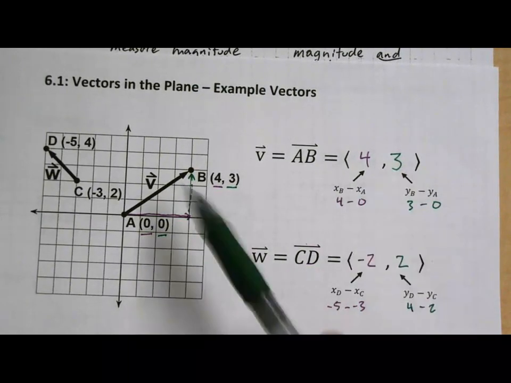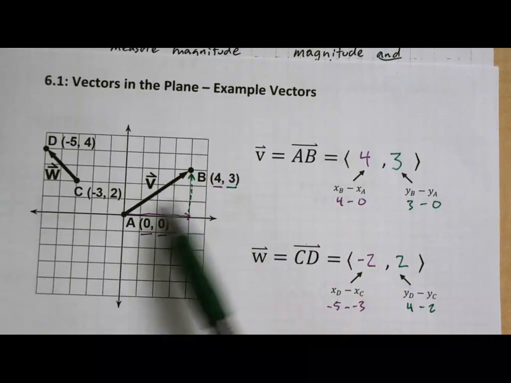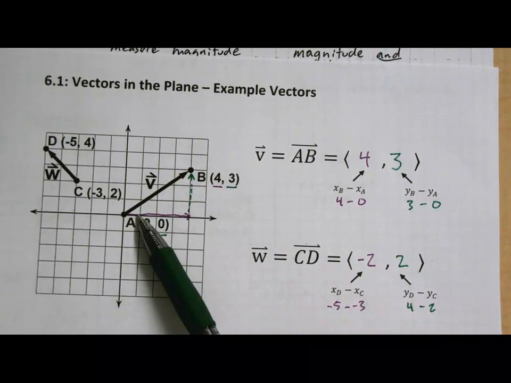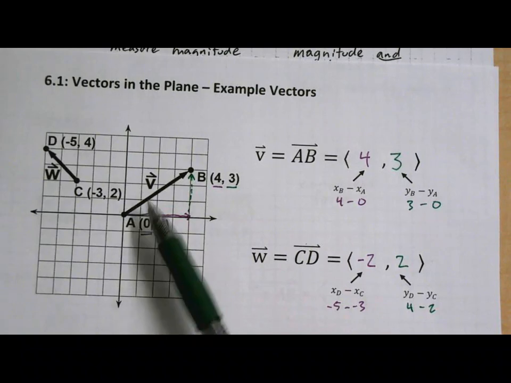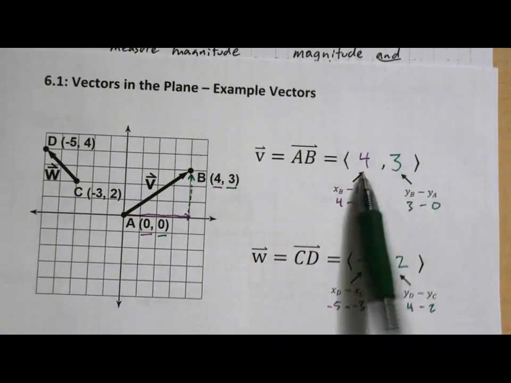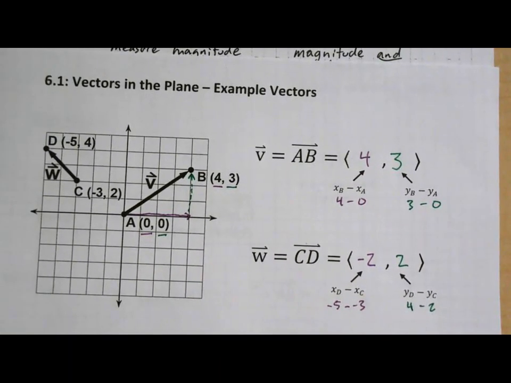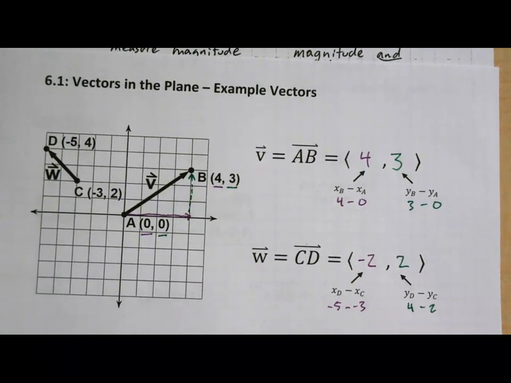So 4, 3 is the terminal point, and it always will be the terminal point if your initial point is at the origin. So oftentimes we're going to draw vectors at the origin because it just makes it a lot easier to figure out what the notation is. That means we don't have to do all the subtraction and stuff. So when we get into our visual representations on Tuesday, we'll be drawing most of our vectors at the origin.